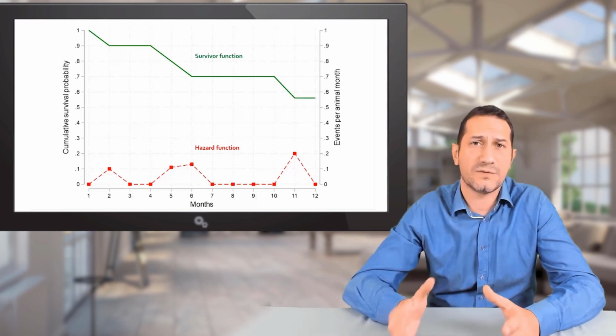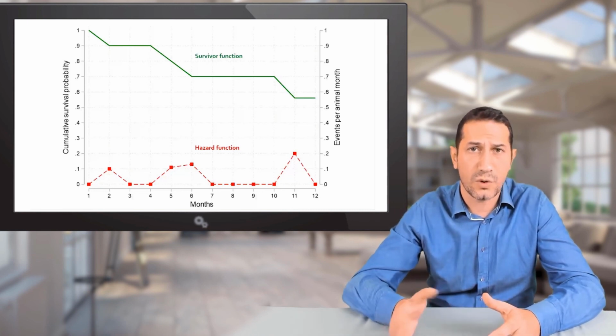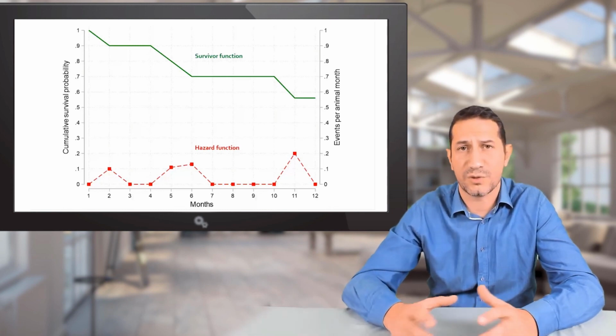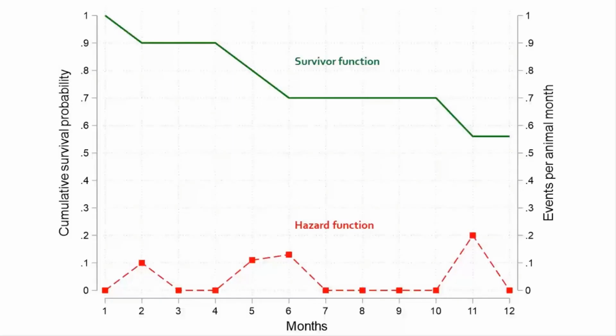So nowadays, of course, it's not needed to do all the math by hand because computer packages can easily do it. So if we have properly counted and taken note about the timing and the events happening, there are plenty of statistical packages for computers which could produce all fancy statistics and also the graphs. And in our case, we have this kind of graph that we started at 100% and we finished up at 56%.